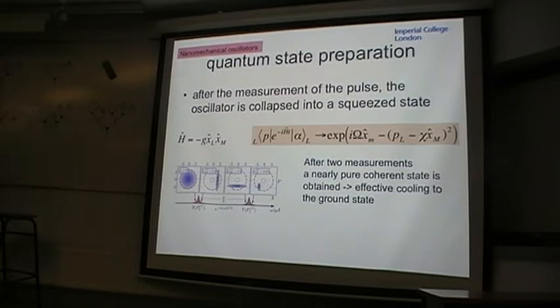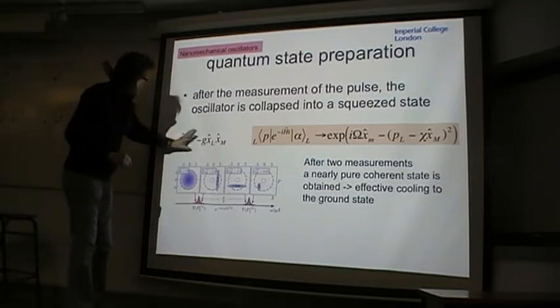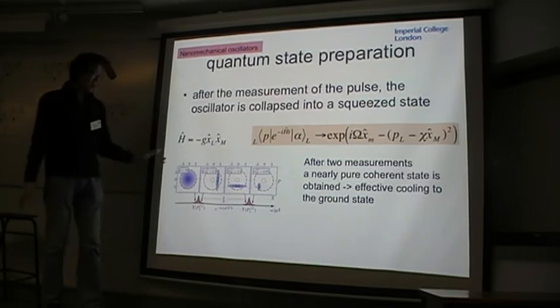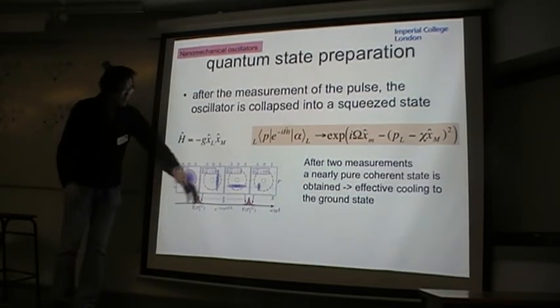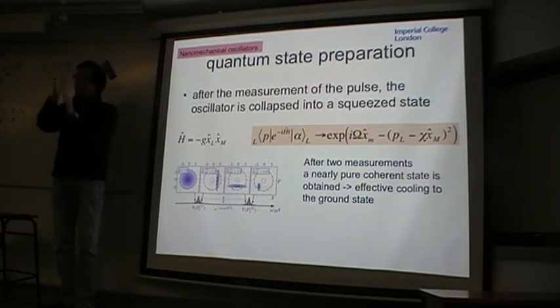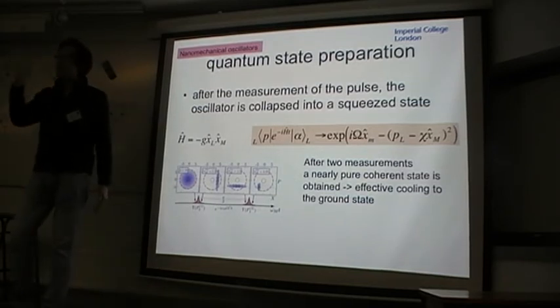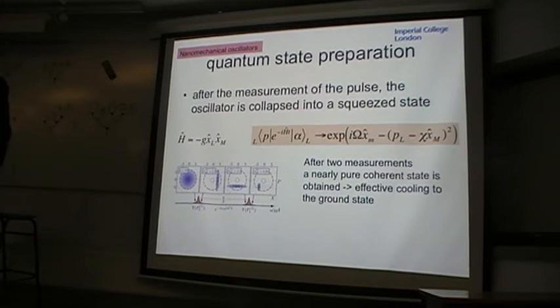So we use the same Hamiltonian, that's fine. And what we found is that after one measurement, the mechanical state collapses into a squeezed state because of the interaction Hamiltonian. So that's a good thing.